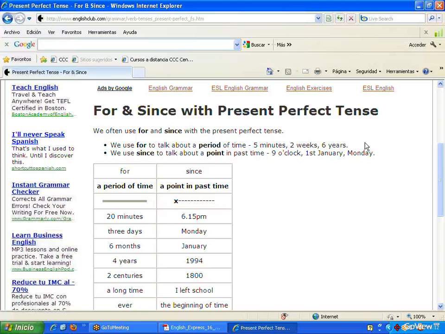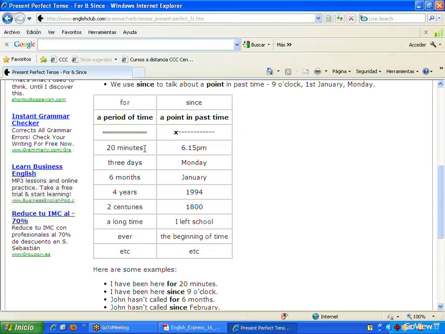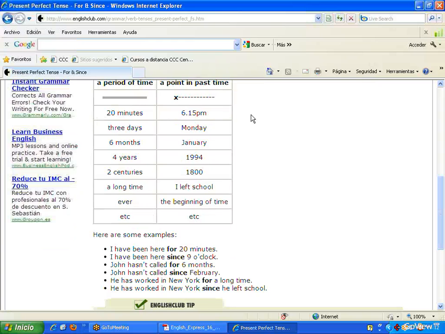So we use for a period of time, since a point in time. And here are your examples. Look. These are periods of time. 6 months, 4 years, 2 centuries, a long time. And here's a point in past time for since. So here we have some examples.